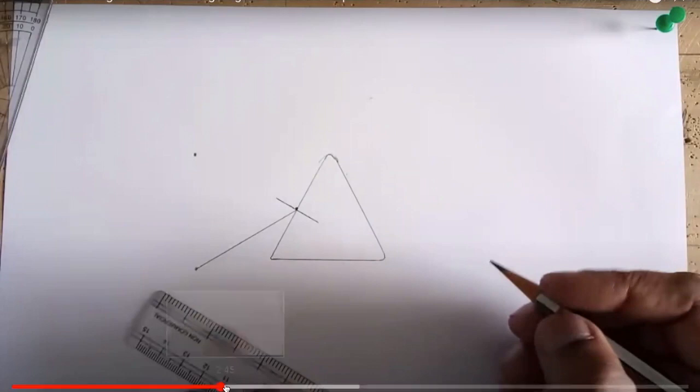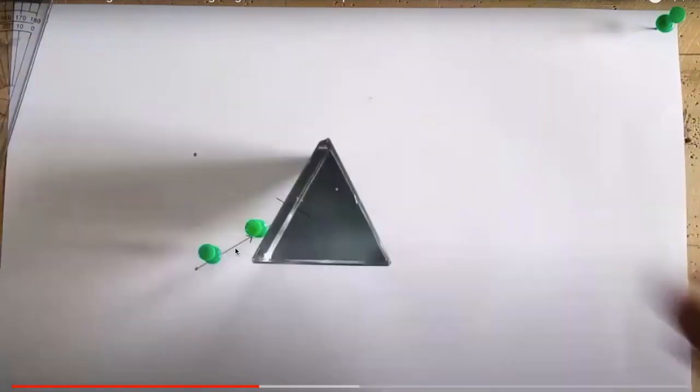Now what he is going to do is place two pins on that incident ray, just like we did for the glass slab experiment. Then he is going to put the prism back on the triangle, and try to view these pins from here and put two more pins so that all four pins are in a straight line. I'll show you.